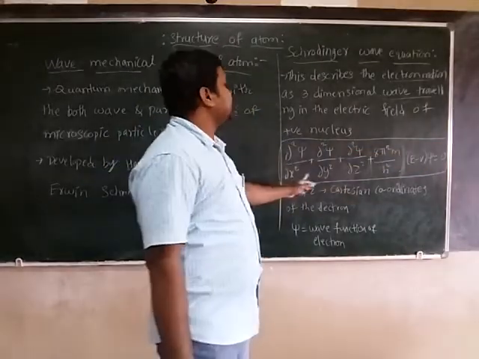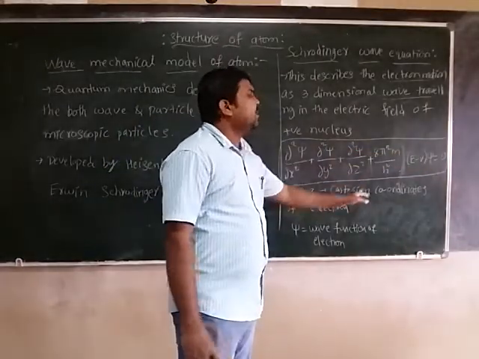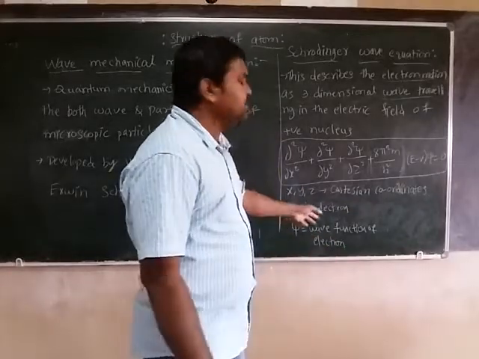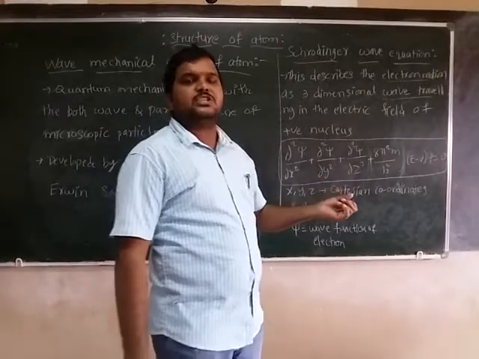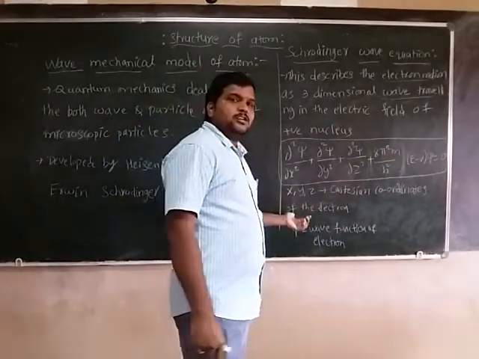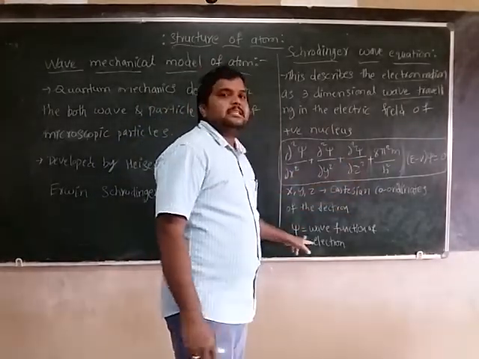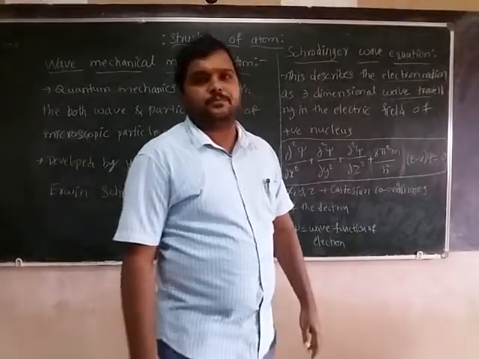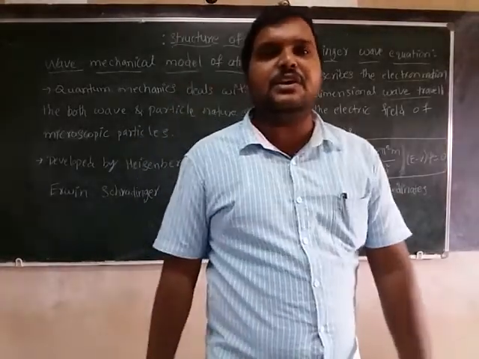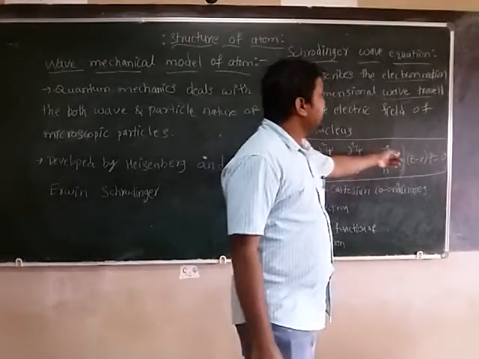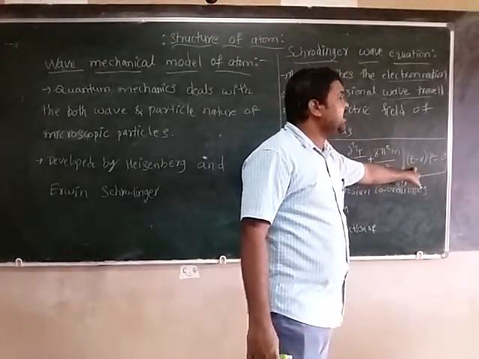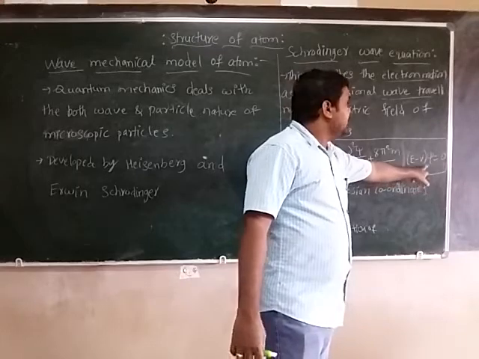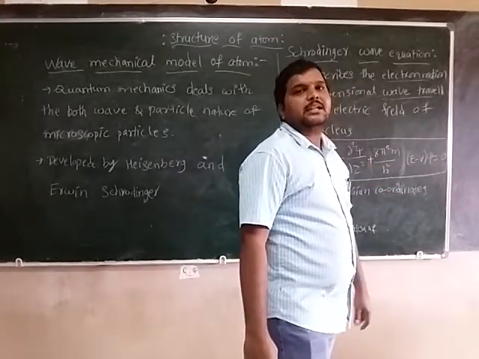Here x, y, z are the Cartesian coordinates of the electron: x axis, y axis, z axis. Here psi is the wave function of the electron. m is the mass of the electron, h is Planck's constant, E is the total energy, and V is the potential energy.